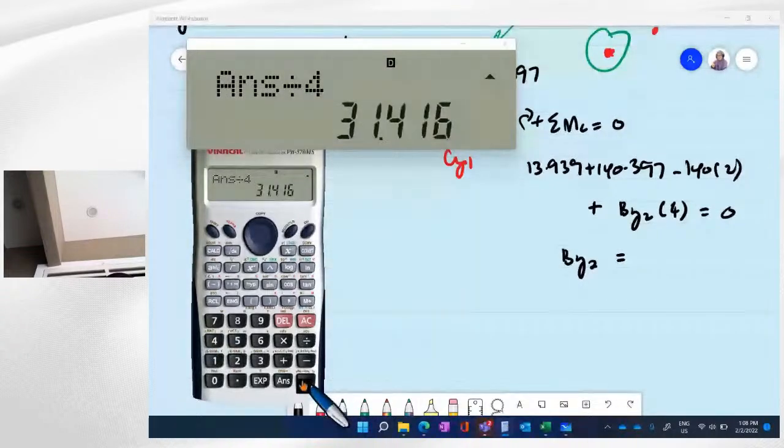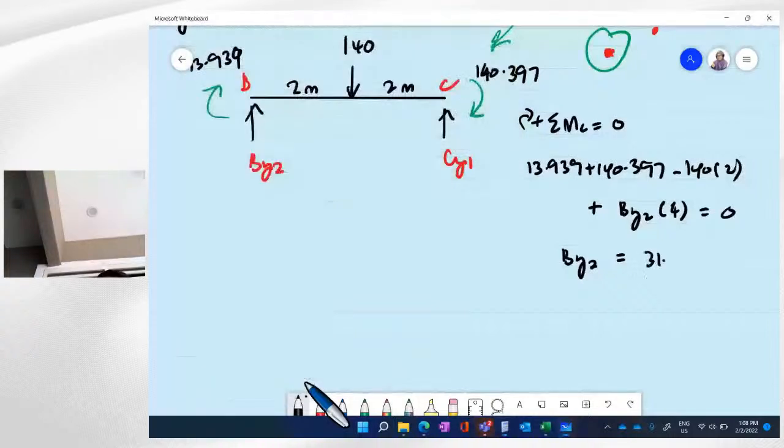This is 31.416 kilonewton. So, of course, we will get CY1 equal to 140 minus 31.416.